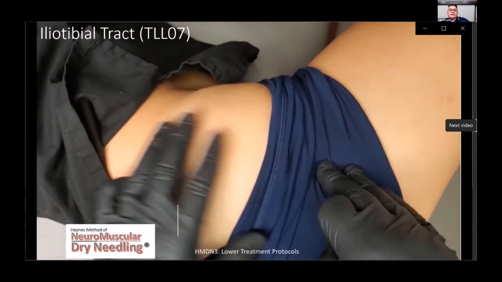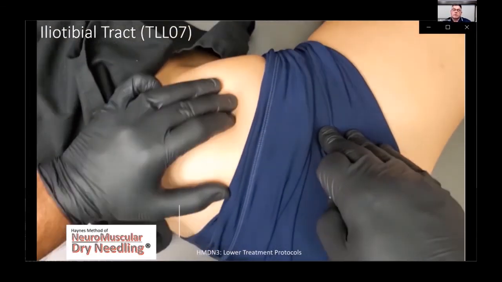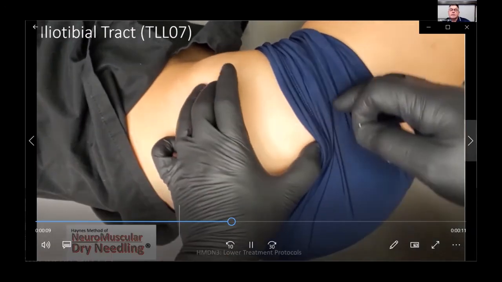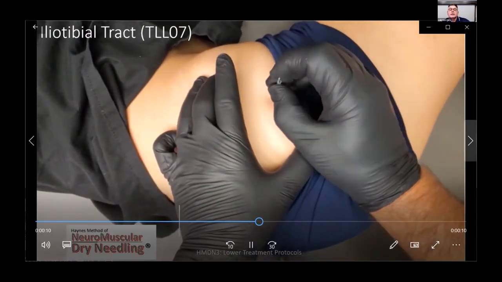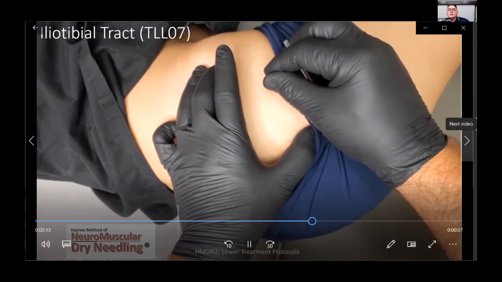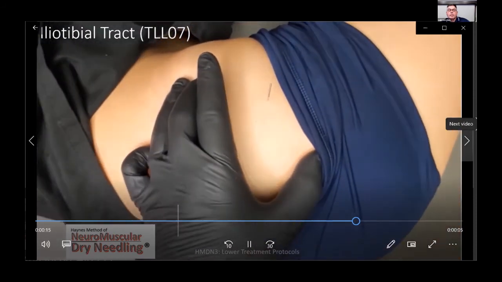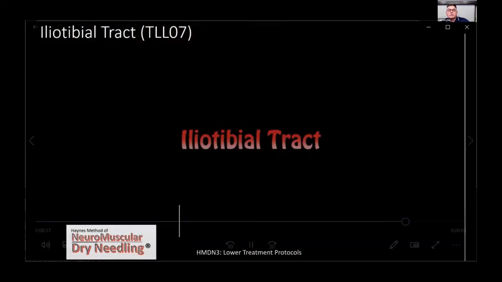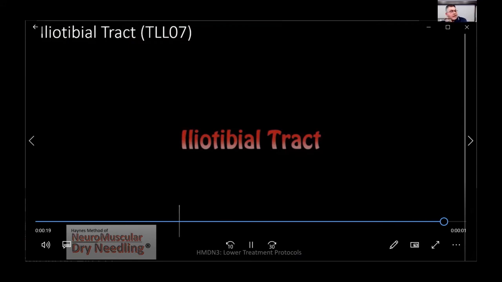So subject here is in sideline position. So identifying the greater troch, iliac crest, and we'll needle through that tendon. Sometimes with a backdrop, we're trying to catch Gluteus Minimus at the same time. We may find that we have some backdrop associated with that. So that's iliotibial tract.